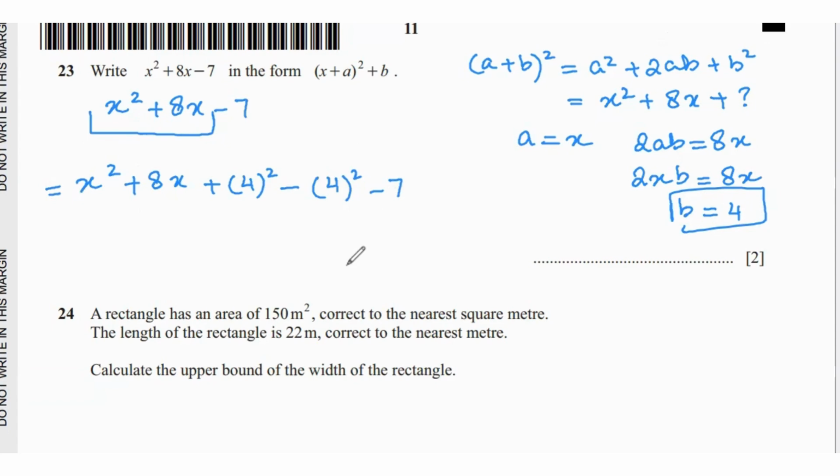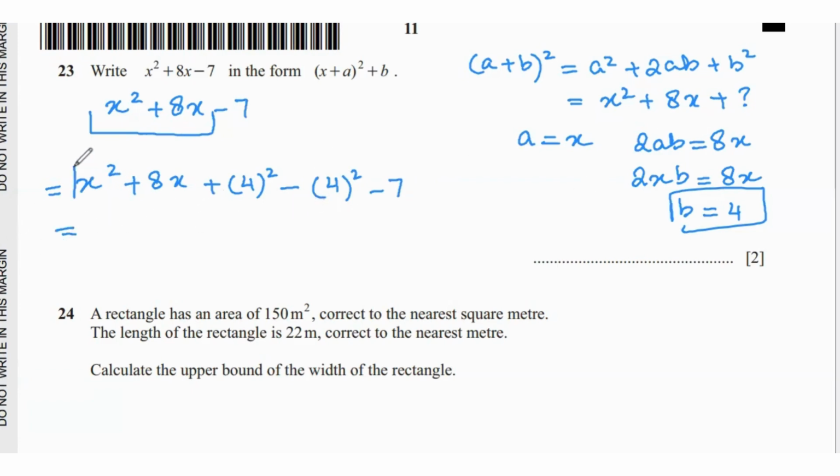If we're introducing something new that's being added, we're supposed to subtract it as well to maintain a balance in the equation. Similarly, when converting the denominator for fractions, we would not just multiply the denominator with the number, we would multiply the numerator as well. That was also done to maintain a balance in the entire thing. So this is exactly why we subtract b squared as well, not just add.